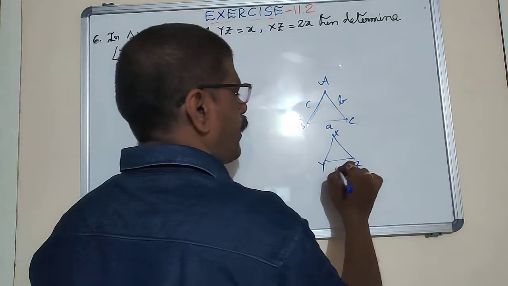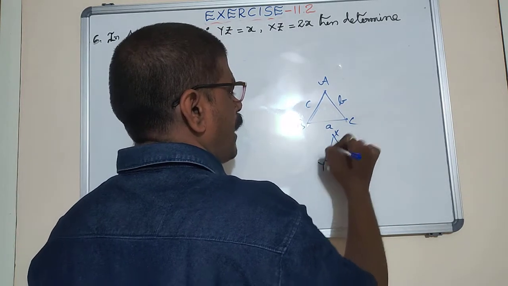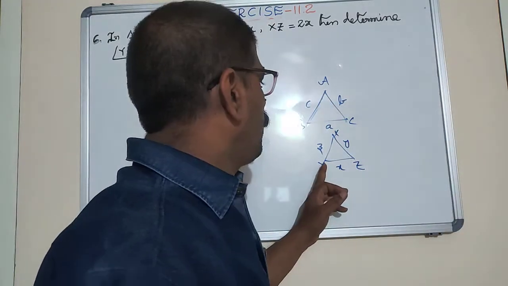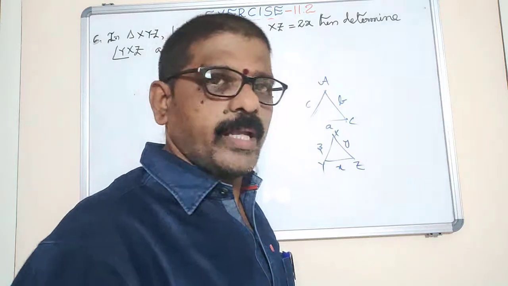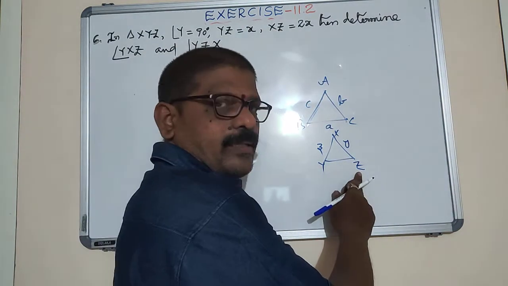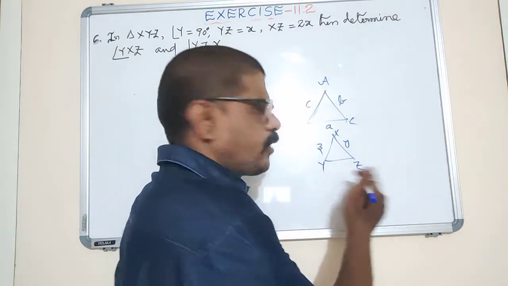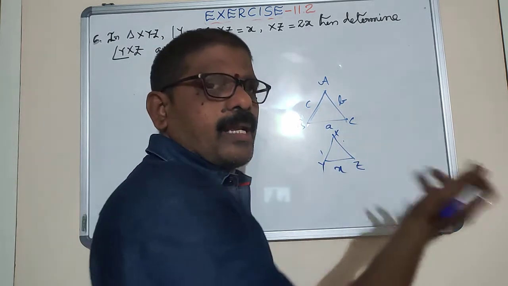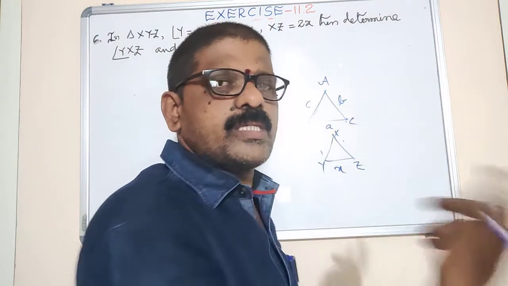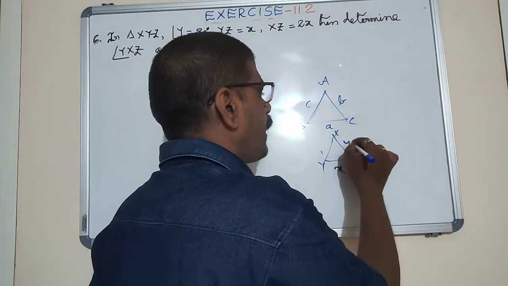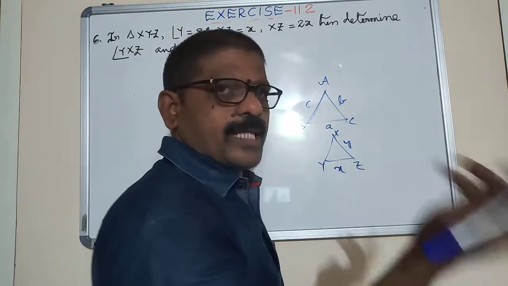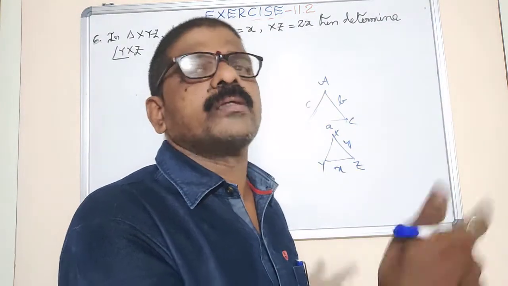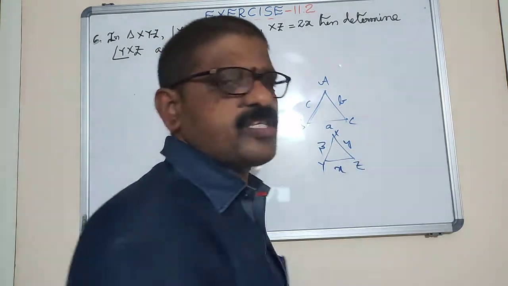YZ indicates small letter x, XZ indicates y, XY indicates small letter z. So YZ is the length. Which is the letter missing? X. We can write x. So in triangle XYZ, the length is XZ. Which is the missing letter? Y. Similarly, XY, which is the missing letter from XYZ? Z. That's a very simple method.